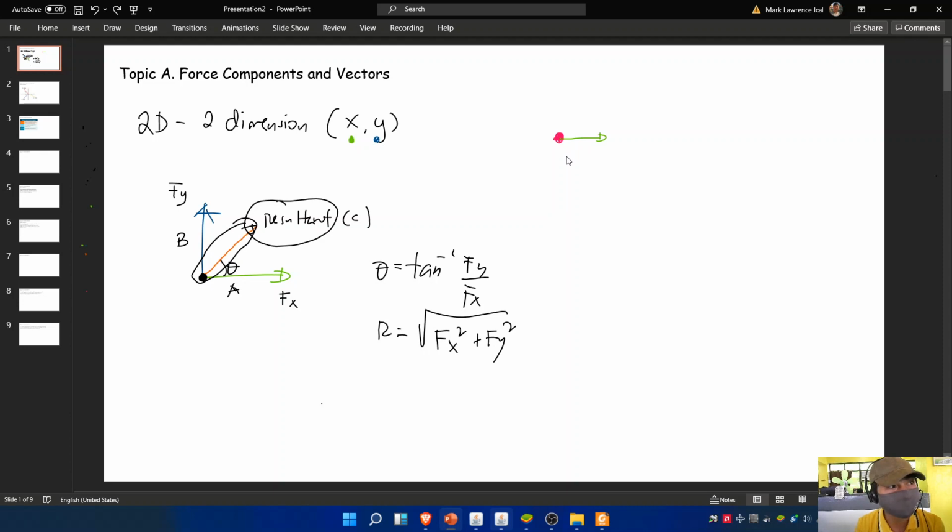Bagay 30 meters per second. Pwede naman, no? Velocity. Pero malilito tayo eh. Pero kasi ginamit natin dito force eh.